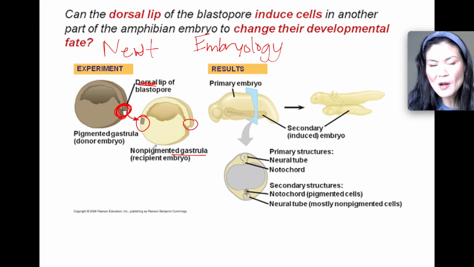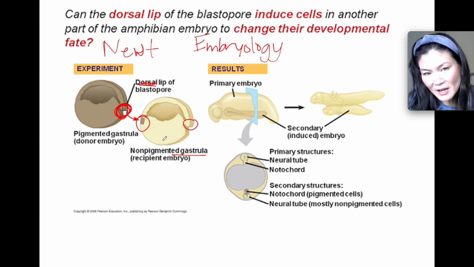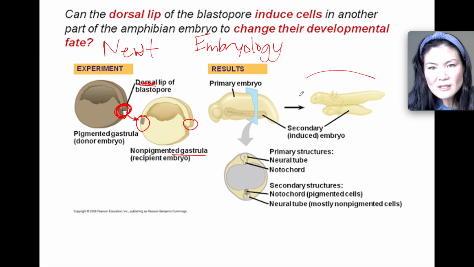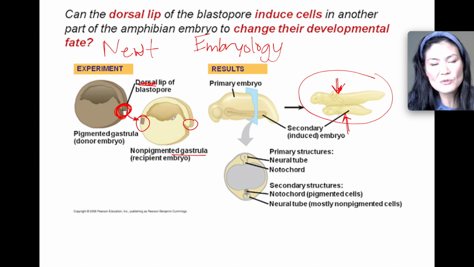What does that mean? Remember how I said the dorsal lip of the blastopore turns into the backbone, or the dorsal side? Well, guess what? They allowed this newt or frog to develop, and it ended up looking like this, where now you have two dorsal sides, okay? You have a dorsal side there, and then you have a dorsal side there because it had two dorsal lips of the blastopore.